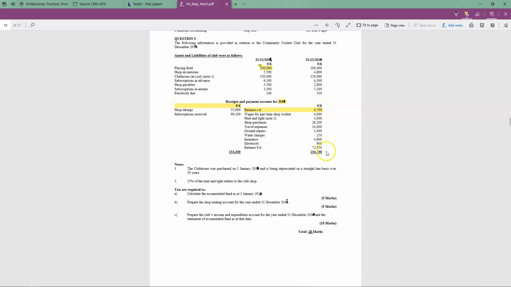So then at the end of the year, we have our balance to be carried down over here, €72,850, and that's going to have to be brought down onto our debit side.